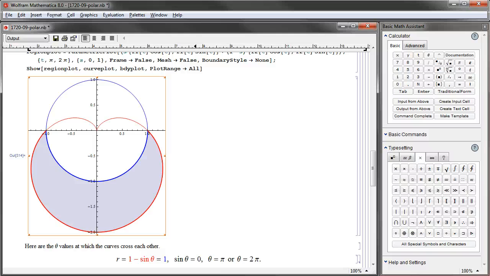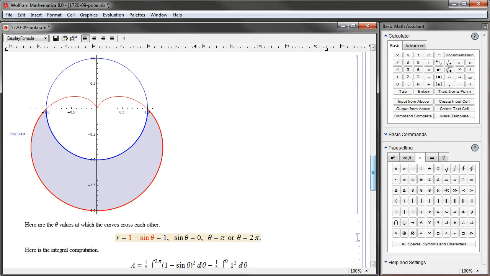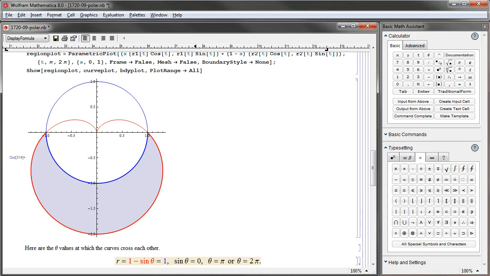Is that really true? Yes, we can set them equal. r is 1 minus sine of theta, the red one, and also equal to 1, the blue one. And then what do you get? An equation of a sine function. This is trivial: sine of theta is 0, so theta equals 0 or pi.